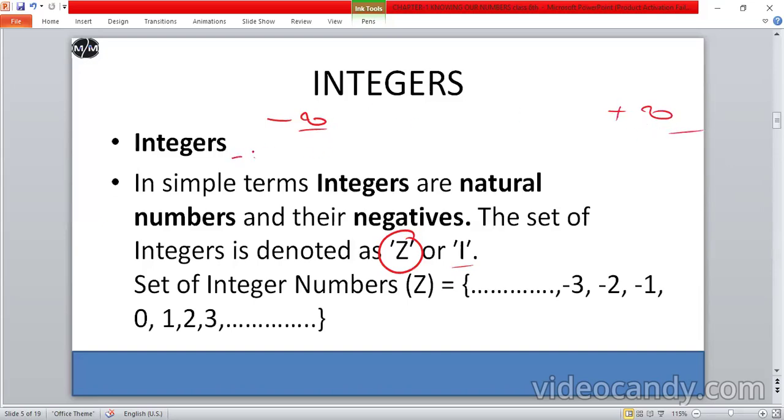The representation may be negative infinity, ..., -2, -1, and we include 0 as the middle point, 1, 2, 3, going up to positive infinity. In simple terms, integers are natural numbers and their negatives. The set of integers is denoted as Z or I.